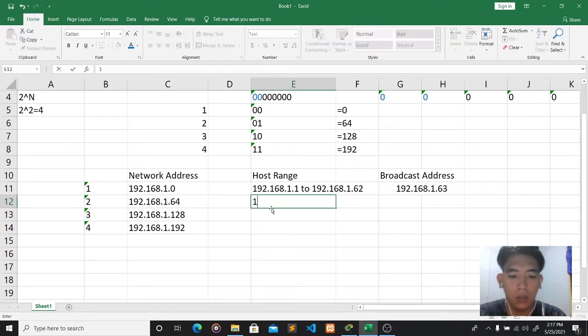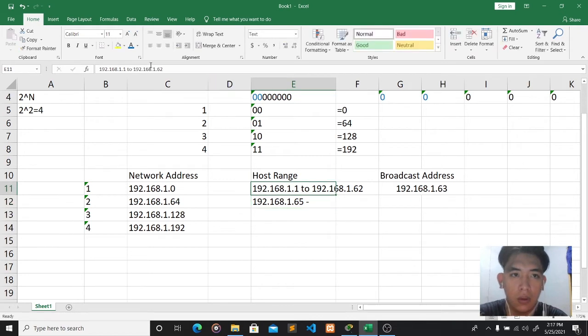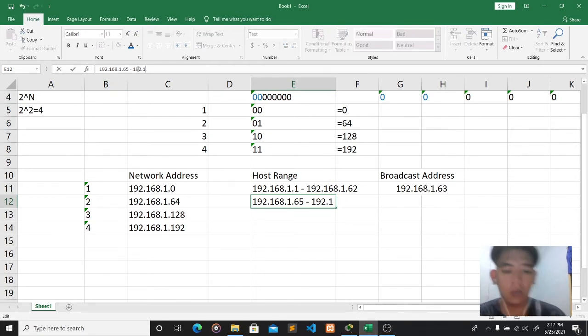So the next host range is 192.168.1.65 to 192.168.1.126, because the next network is 128, so the broadcast address is 127.